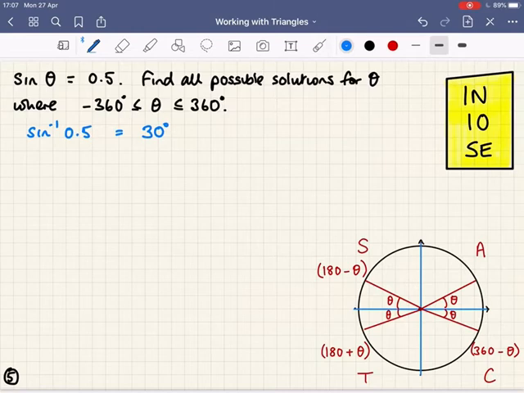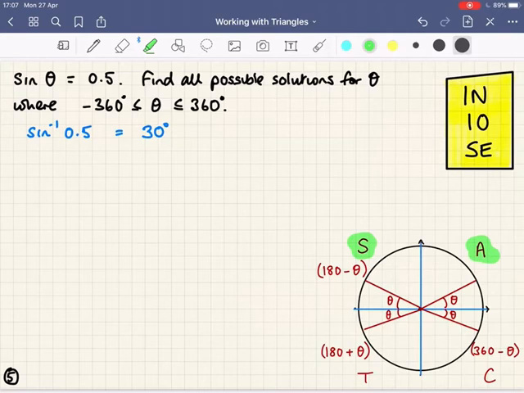But I'm looking at all the other places on that diagram between minus 360 and 360 where the ratio could be positive, because 0.5 is positive. And it would be in the first quadrant and in the second. Those are the two places where the result could be 0.5.